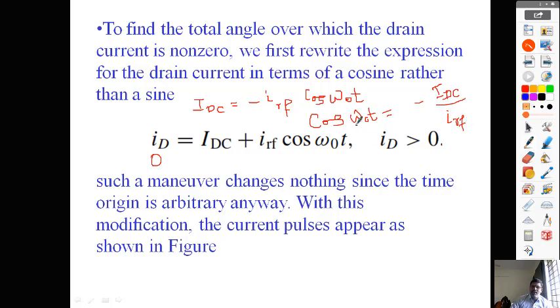Next, what is omega naught t? It is theta. Therefore, the angle is phi, so phi equals cos inverse of minus IDC divided by IRF.